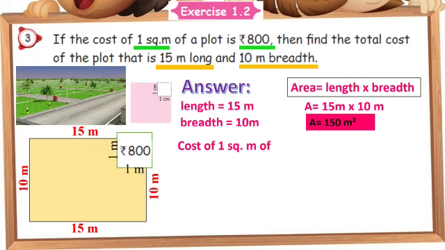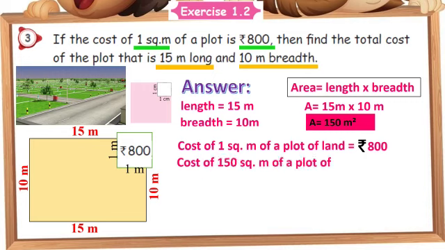Cost of 1 square meter equal to rupees 800. That means cost of 150 meter square of a plot is equal to 150 into rupees 800. Here also 3 zeros are there: 150 has 1 zero and 800 has 2 zeros.